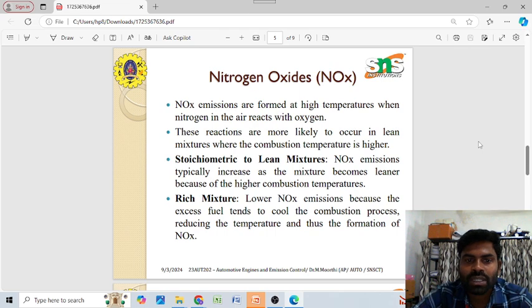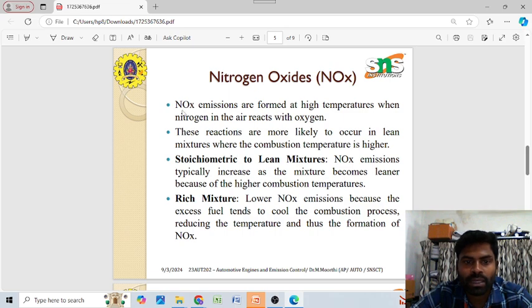With the combustion of fuel inside the combustion chamber, the air fuel mixture burns because of the oxygen present in the air. This oxygen is capable of burning the fuel and initiates the combustion process.